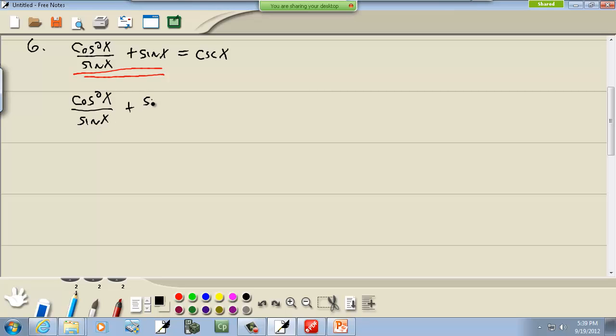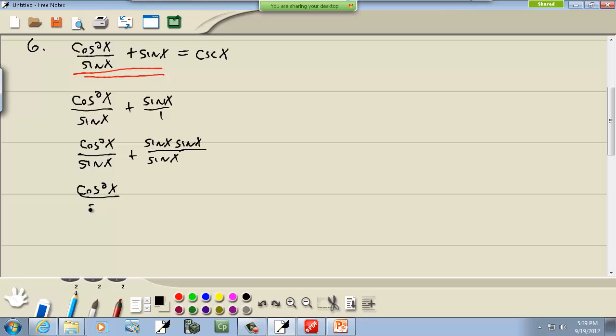So I'll put the sine x over 1. Now our common denominator we can get by multiplying two denominators together, so it'd be sine x. Now this one already had a sine, so we'll leave it as is. That's cosine squared. Here we multiplied the bottom part by sine, so we have to multiply the top part by sine. So we got sine times sine.